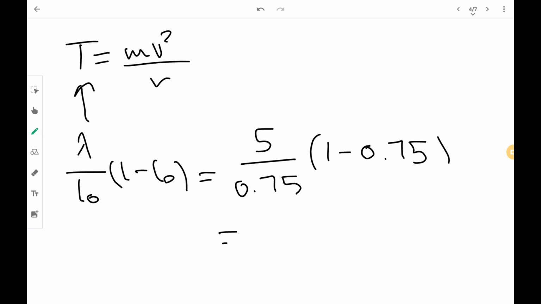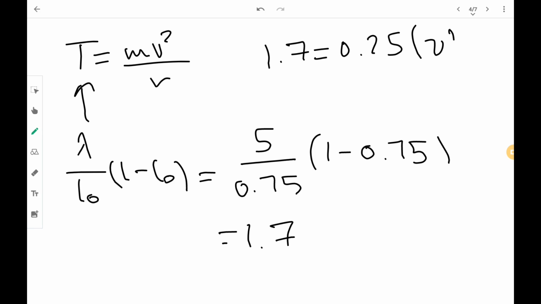You will get 1.7, and then you put 1.7 equal to 0.25 times what you want to find, v squared, and you have the radius is the same, or no, actually when it's rotating the string is at full length, so you put it as the final length, which is 1 meter.